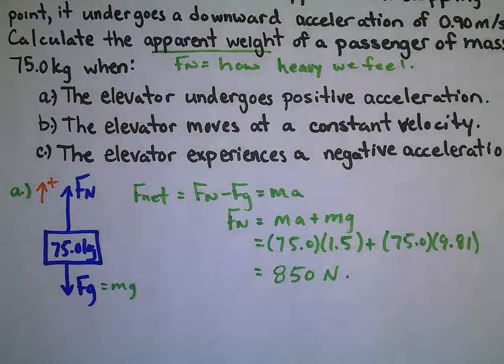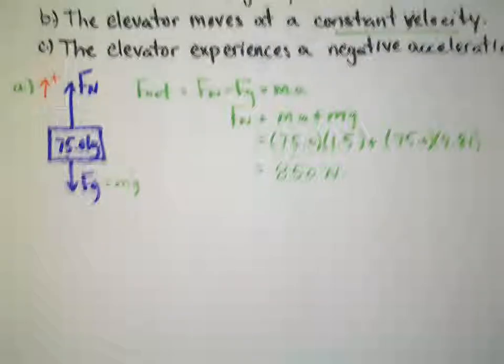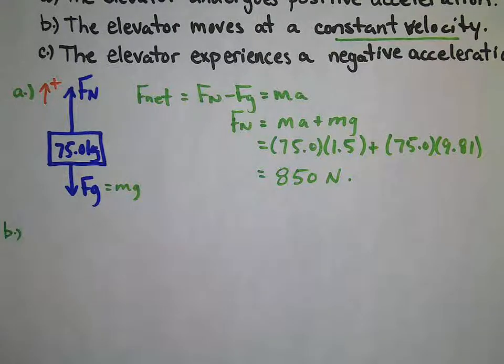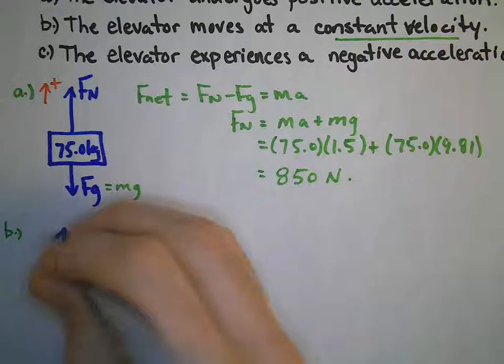Constant velocity tells us net force is 0. If our net force is 0, that means my gravity and my normal force are of equal value.